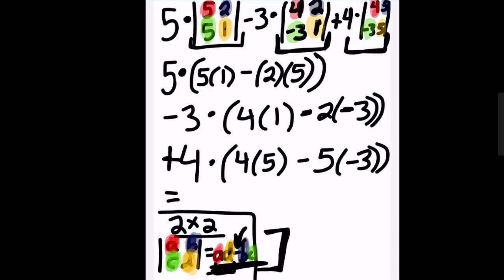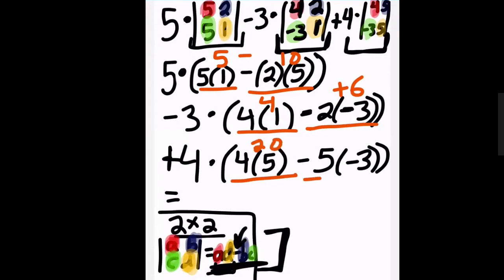Okay, and this equals, so 5 times 1 is 5, and minus 2 times 5, so that's 10. So we have 5 times 5 minus 10, which I'll write later. 4 times 1 is 4. -2 times -3 is +6. 4 times 5 is 20. -5 times -3 is +15.